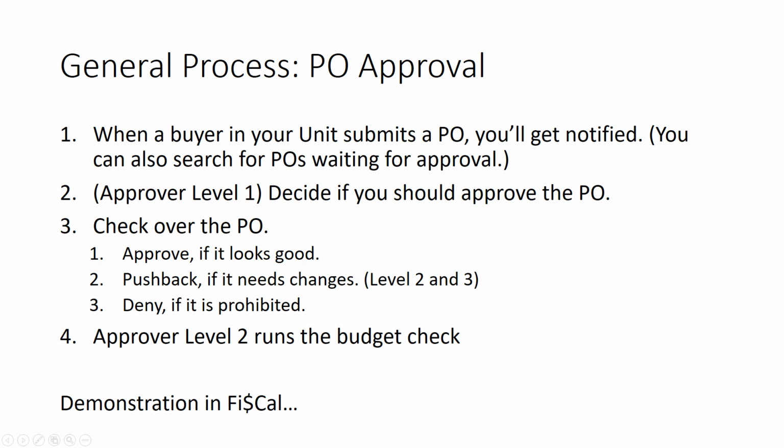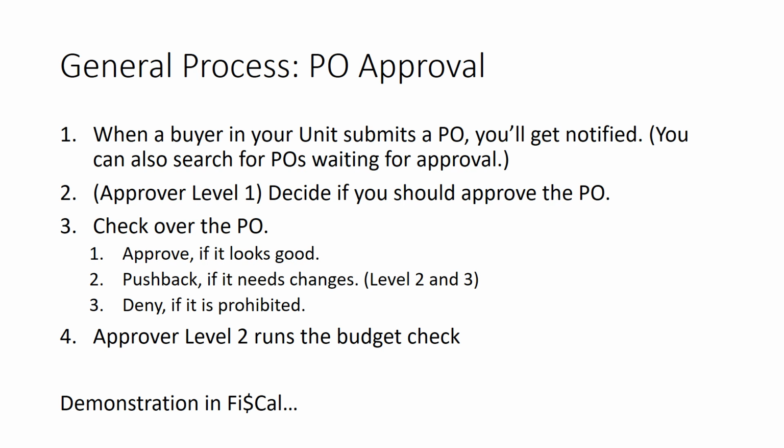When a buyer in your unit submits a purchase order, you'll get notified by email. That means any buyer. For example, if you're a BC for Battalion 4, you'll still get notifications from every buyer in the unit, whether they are in Battalion 4 or not. If you are an approver Level 1, you will decide if you should be approving their purchase order or not.